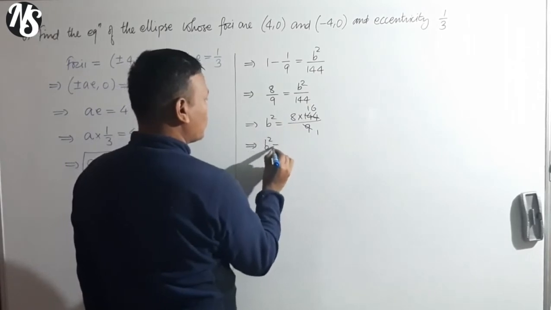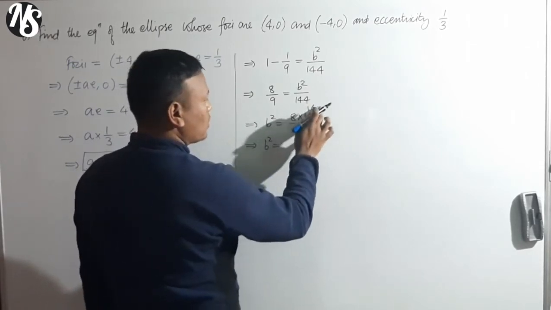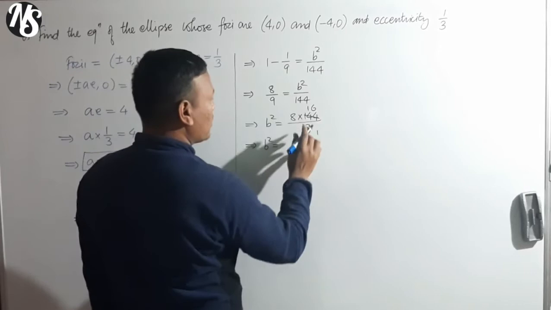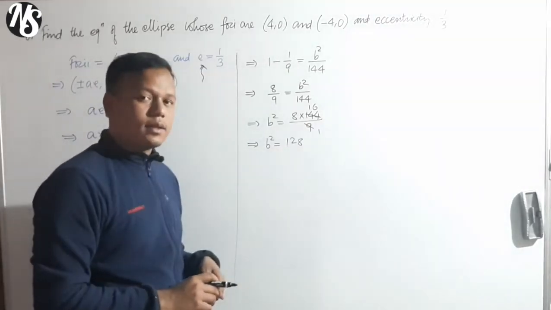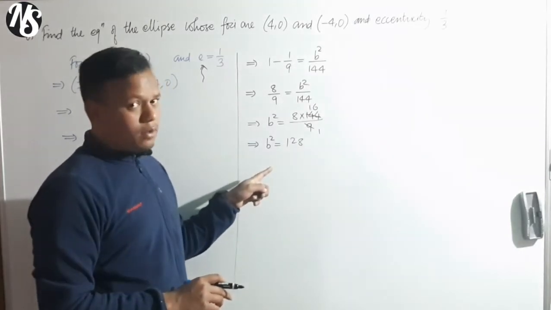So b squared turns out to be 8 into 16. Multiplying 8 and 16, b squared turns out to be 128. Now do we need to find the value of b?